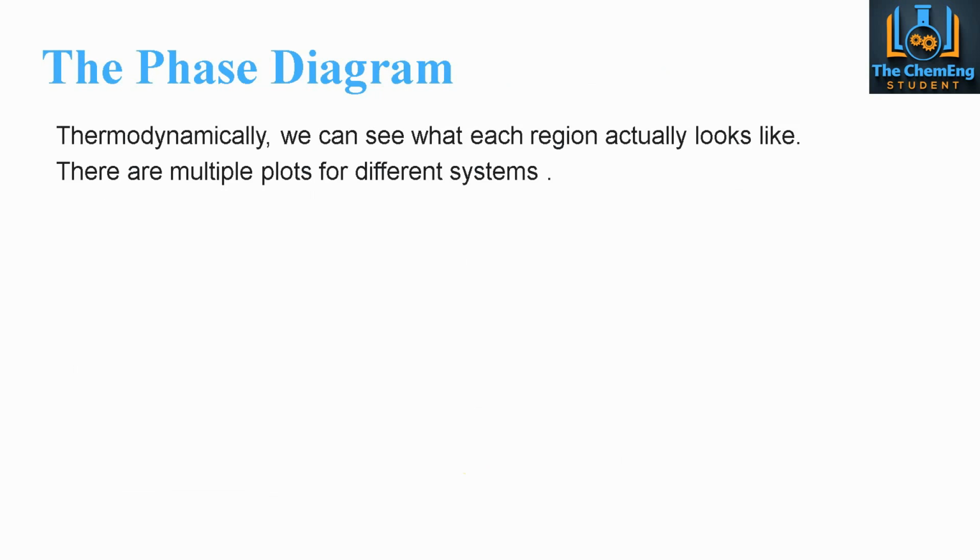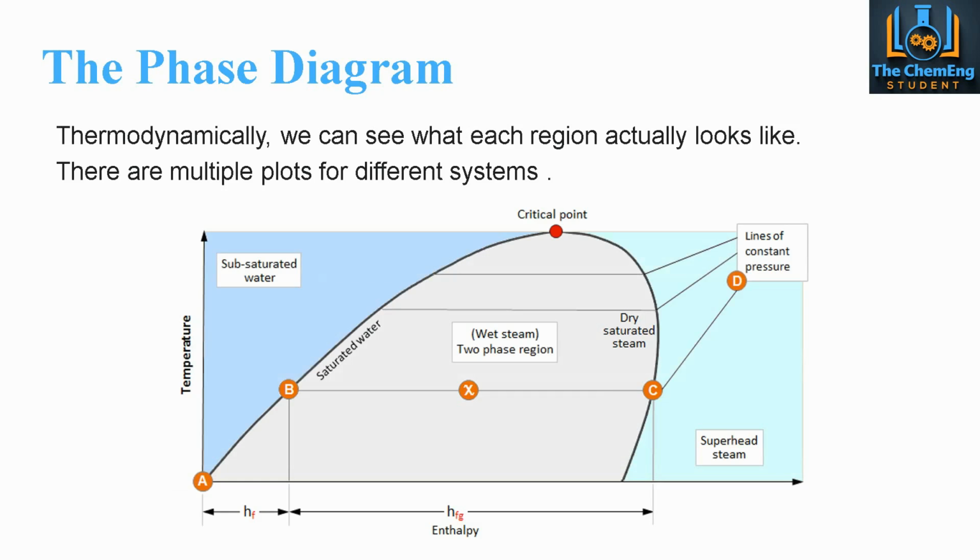Now, as I mentioned before, and I talk about it quite a lot here, is the phase diagram. The phase diagram is basically a thermodynamic representation of how we can distinguish between the saturated vapour, the liquid, and the multi-phase system. A typical example looks something like this. We can have these in several different types of plots.